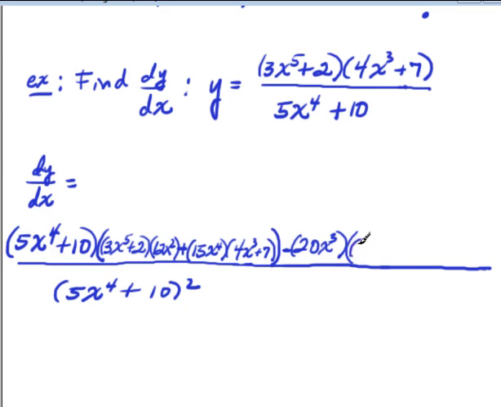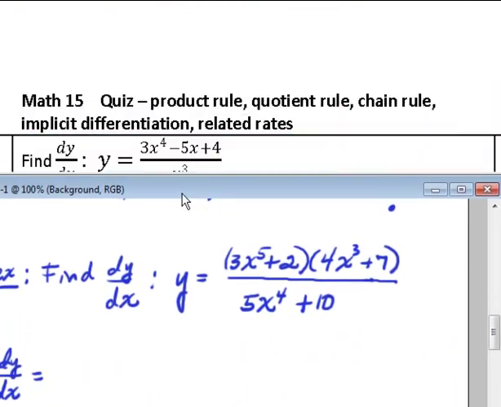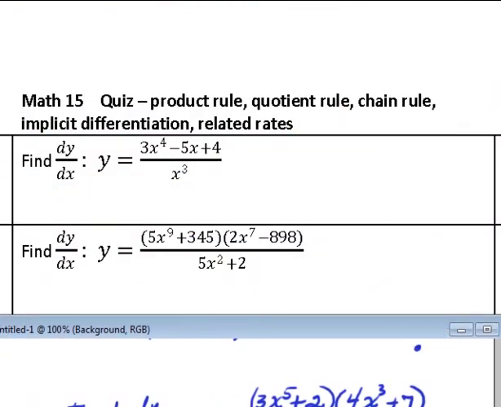We have 3x to the 5th plus 2 times 4x cubed plus 7. Okay, so that's dy dx. And now you're ready to do problem 2. So let me show you that over here. Copy that, pause the video, and copy over problem number 2.